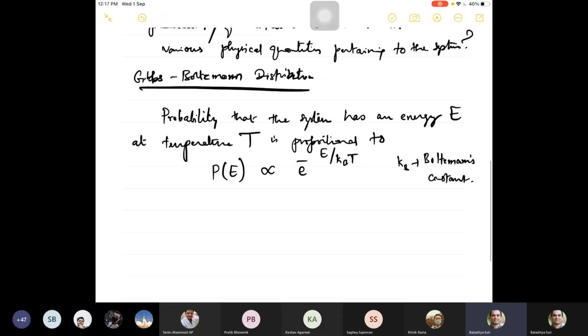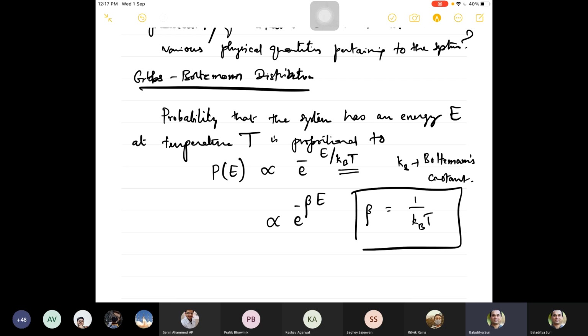Okay, so now you have this exponential that I wrote with a proportionality constant, and this is often also written as e to the power of minus beta E. Now beta is 1 by kBT. And it turns out that even though T is the absolute temperature, from a physics perspective, beta is actually a more physically meaningful quantity.